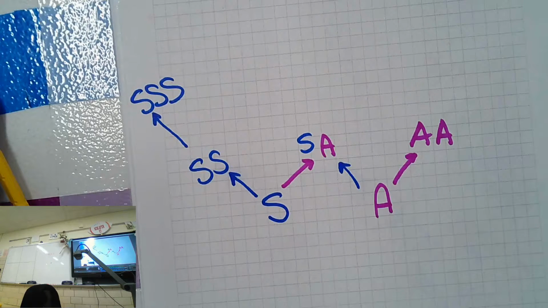Alright, so we move to the right. Write SSA, but that's the forward and backwards.